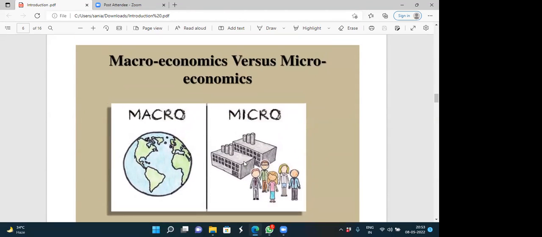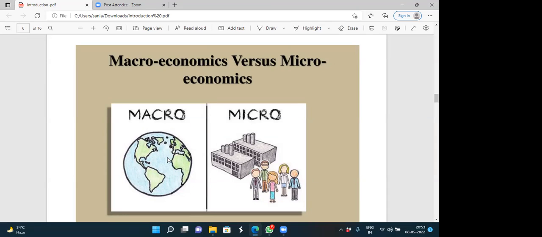Now let's recall something from our 11th class as well: macroeconomics versus microeconomics. Macro is the whole economy, the world. Micro is individual, like this person stands for this business, these 3 people are working here, these 2 people are working there. These are smaller units, but in the whole world everyone will be included.